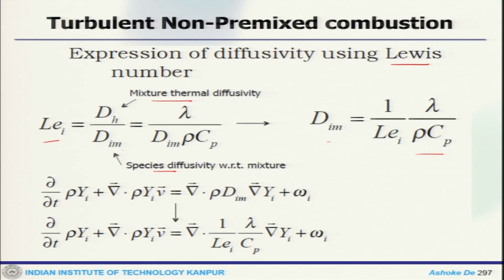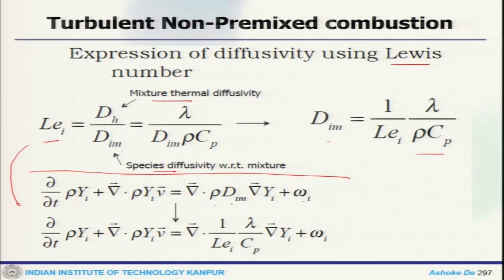Now, this will be the species mass fraction equation: unsteady term, convection, diffusion, source term. Now, we convert that and use the information of the Lewis number, and we get 1 by Lewis number times lambda by Cp.